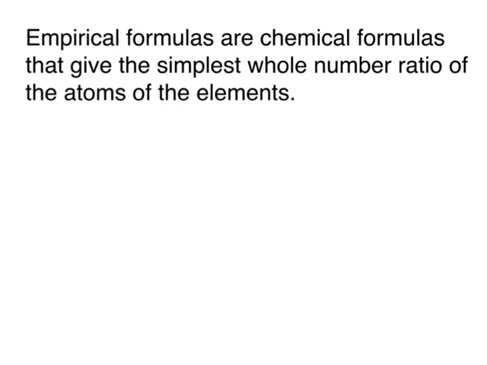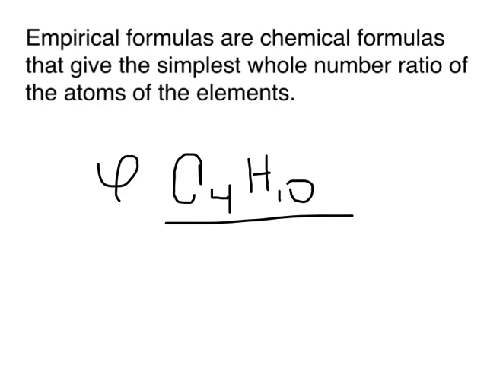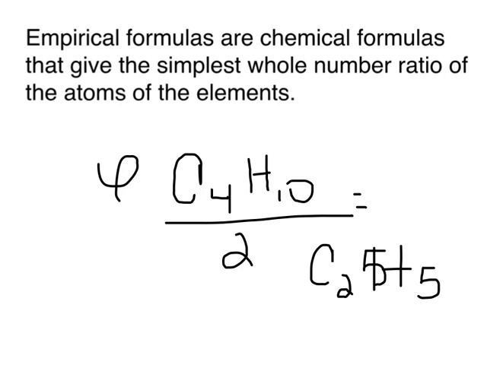So for example, if we had C4H10, we know that the common denominator between 4 and 10 is 2, so we divide by 2 to get C2H5, and that would be our empirical formula.